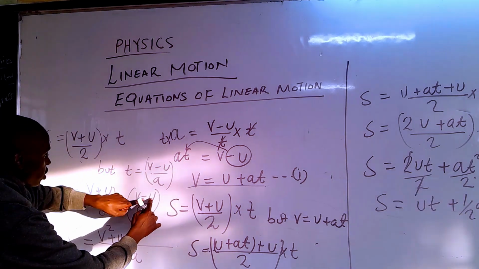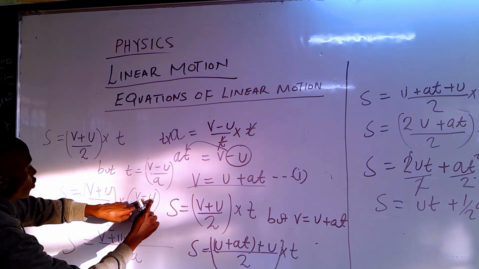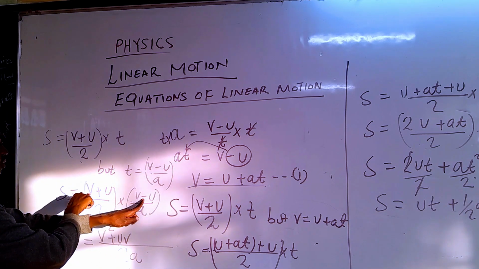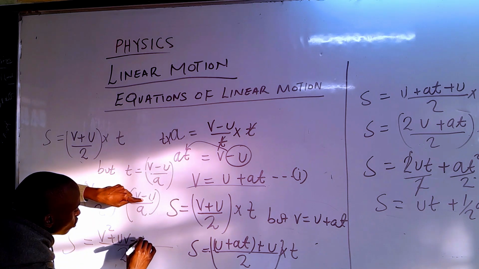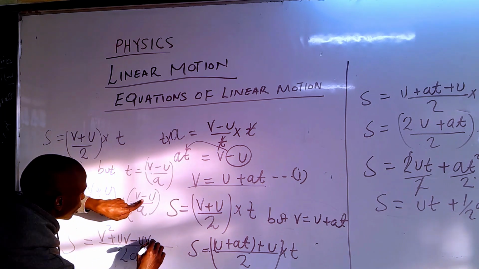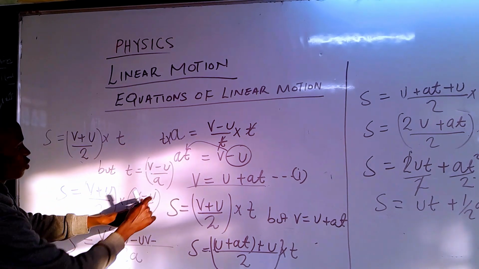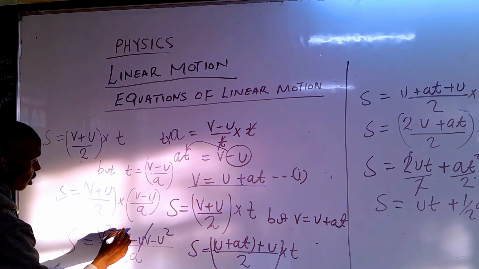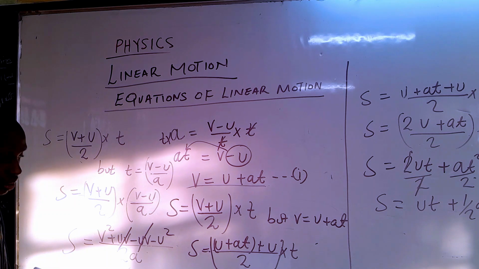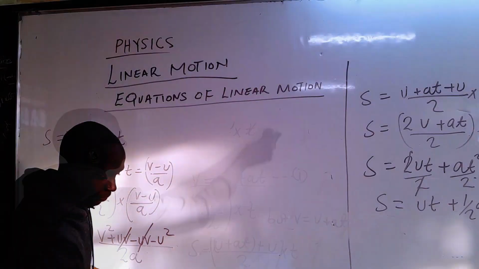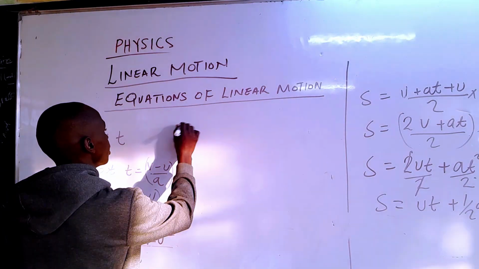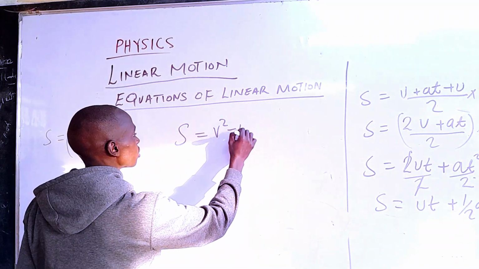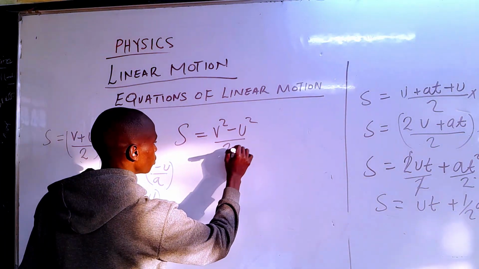Then we move to the next one, plus uv, then u multiplied by v, that is negative u times v, we get minus uv. Then the next one, u and u, it will be minus u squared. Then uv and uv cancel. We remain with our displacement s equals v squared minus u squared divided by 2a.